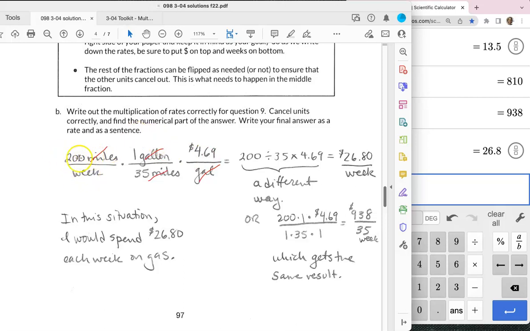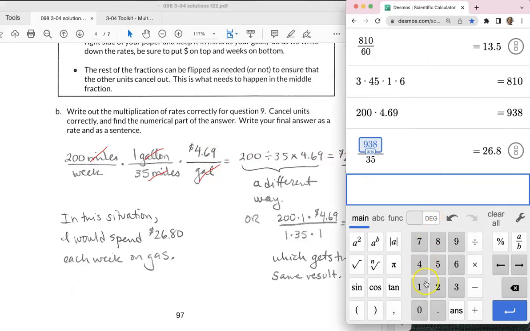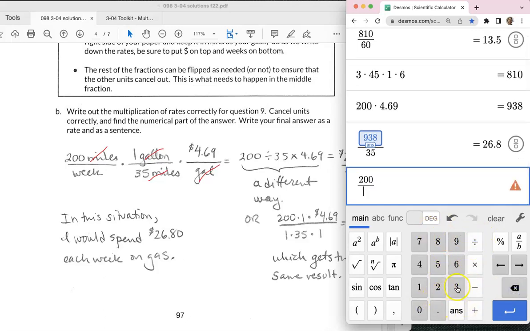But we start with 200, divide by 35, multiply by 4.69, and it's a faster way to get to this $26.80 answer. 200 divided by 35 times 4.69, and we're immediately at the answer there.